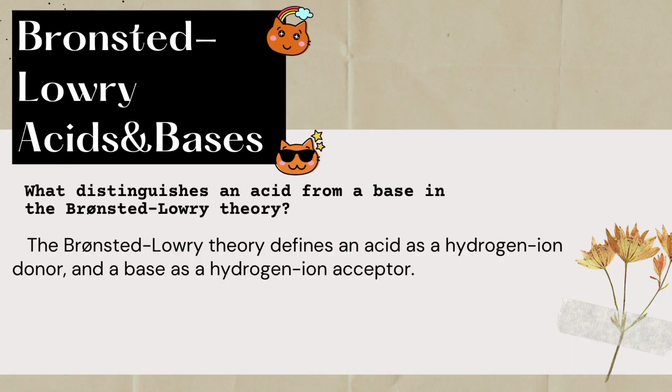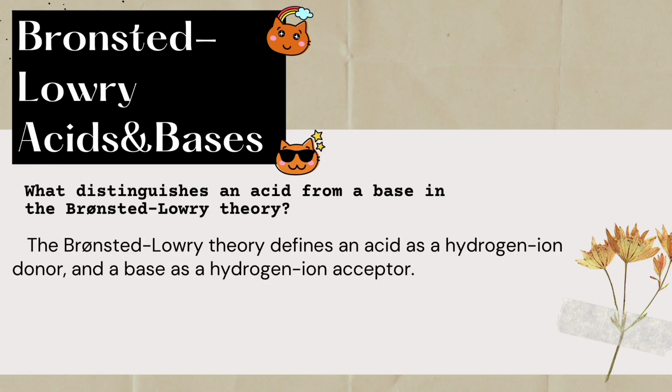The second theory is the Bronsted-Lowry theory. The Bronsted-Lowry theory of acids and bases took the Arrhenius definition one step further, as a substance no longer needed to be composed of hydrogen or H+, or hydroxide ions or OH-, in order to be classified as an acid or base. In the Bronsted-Lowry definition of acids and bases, an acid is a proton donor, or H+, and a base is a proton acceptor.